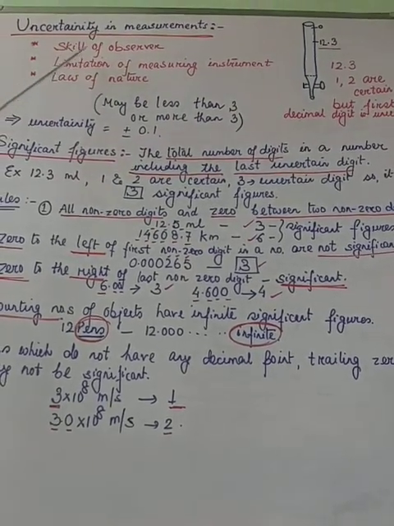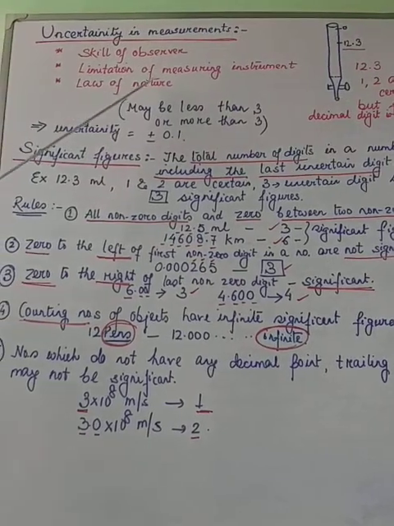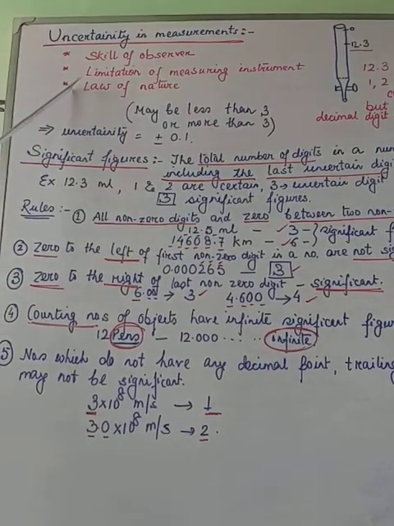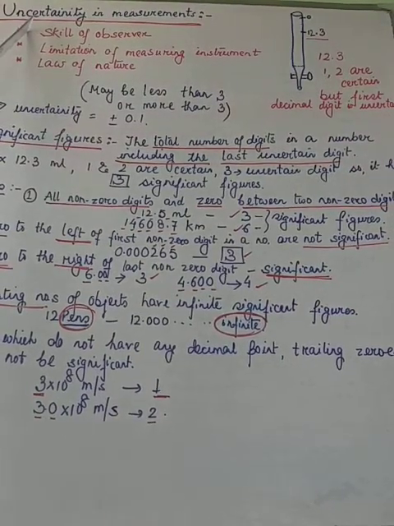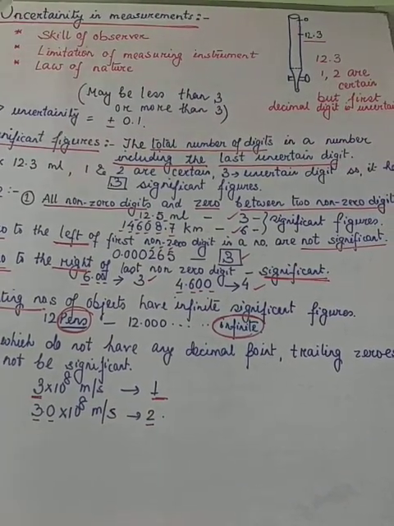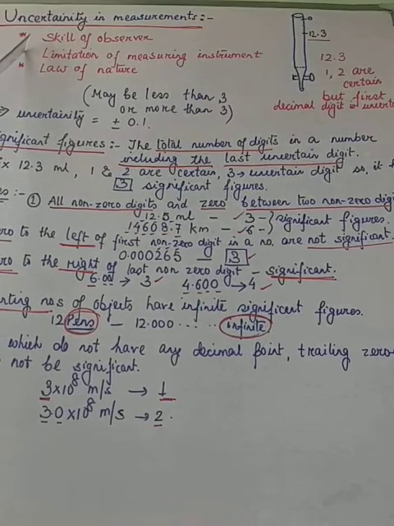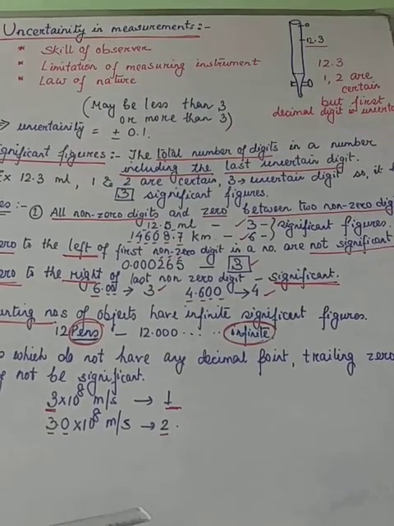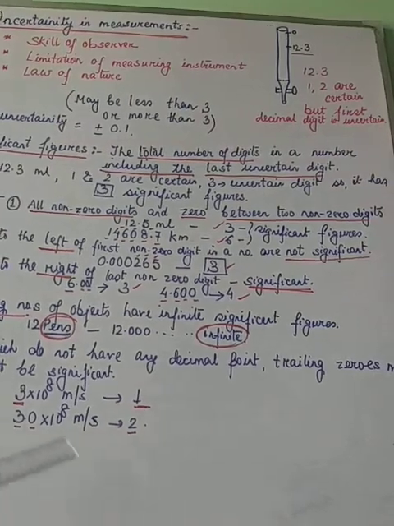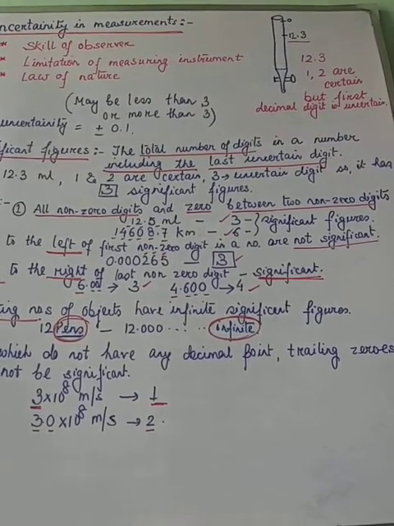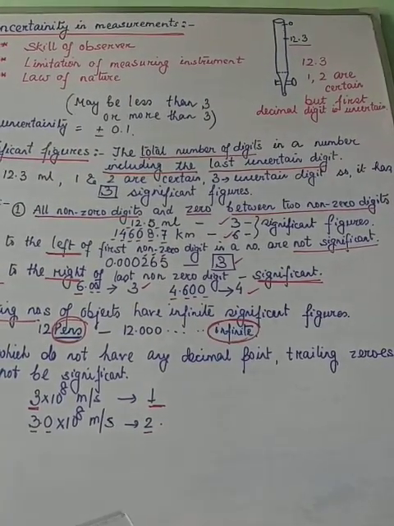Then there could be a limitation in the measuring instrument. It is also possible that the skill of the observer is perfect and there is no inadequacy of the measuring equipment, but based on the law of nature there could be some uncertainty.